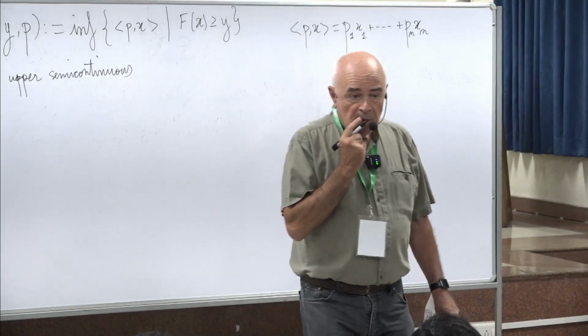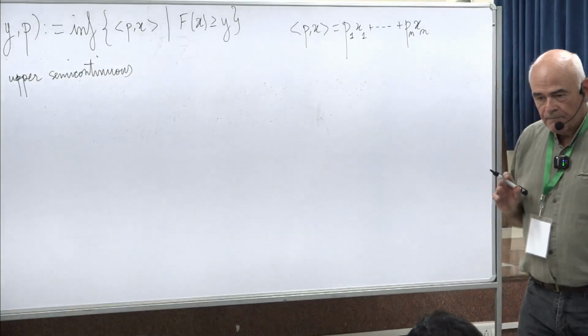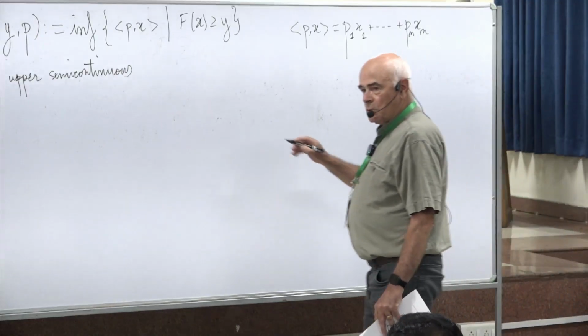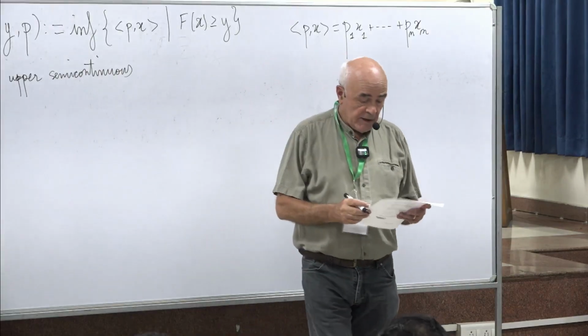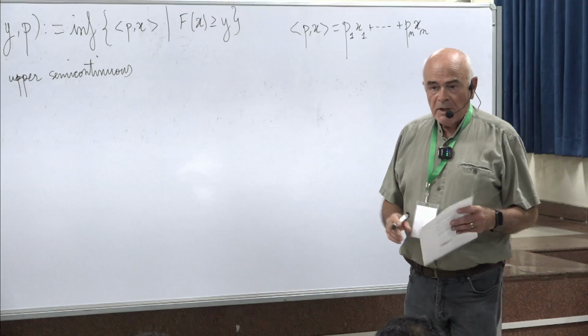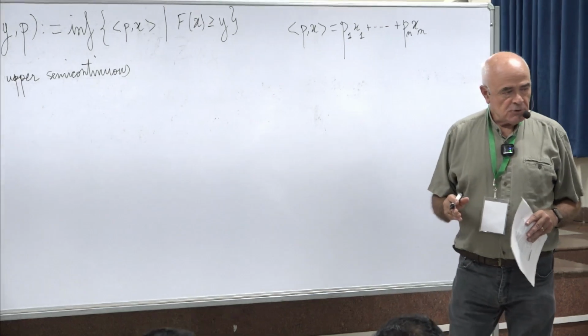I needed the assumption. So I define upper semi-continuity in the following way. There are two equivalent ways, and I'm going to prove the equivalence of these two alternative definitions.